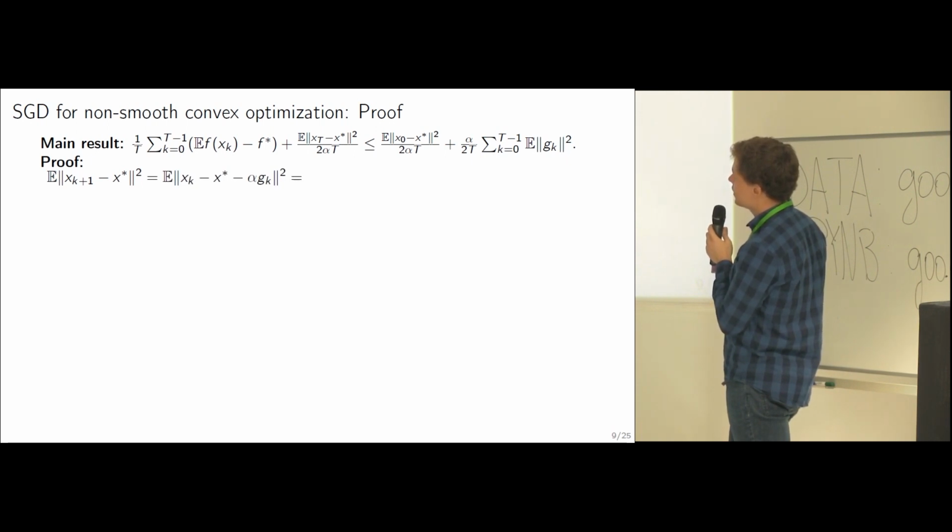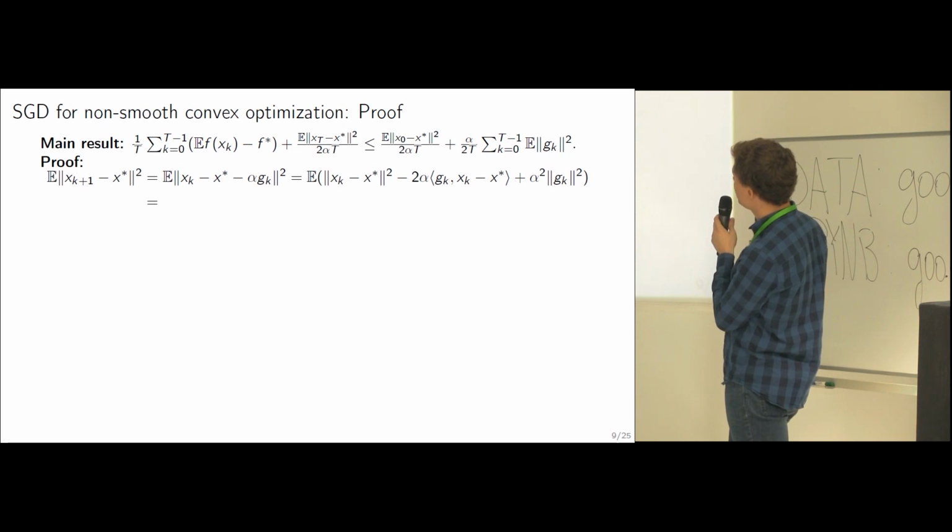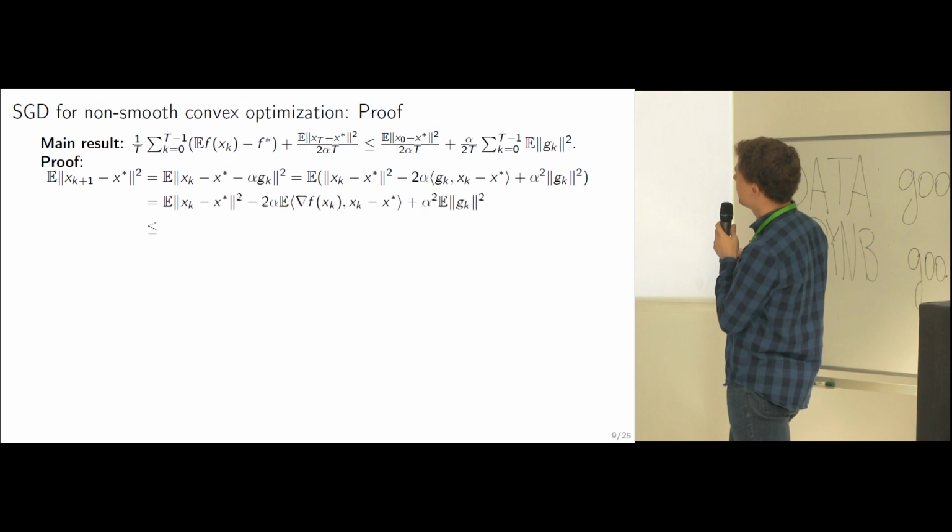So let us look at this quantity. We replace xk with the iteration of our method. This is xk minus alpha times the stochastic gradient, and now we open the square. So we simply open it, we obtain this term, now we obtain this inner product, and we obtain this gradient. And now we take the expectation.